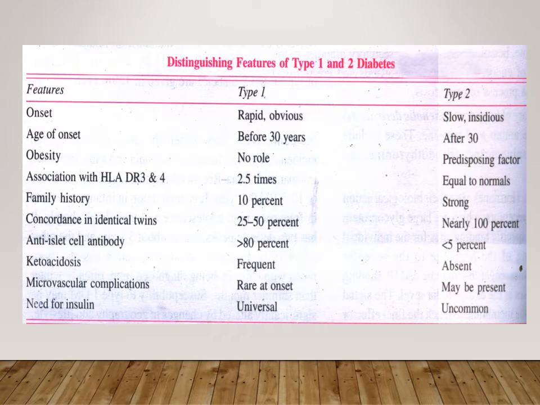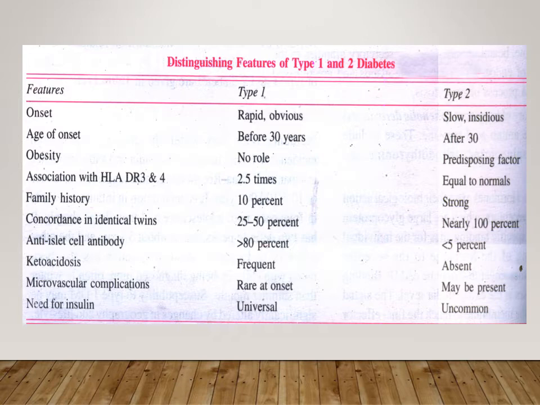Family history plays a 10% role in type 1 diabetes mellitus, while it is strong in non-insulin dependent diabetes mellitus. Concordance in identical twins is 25 to 50% in type 1 diabetes mellitus, and nearly 100% in type 2 diabetes mellitus.